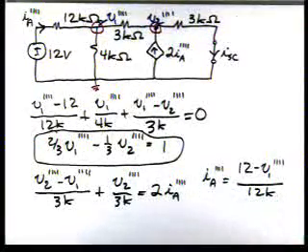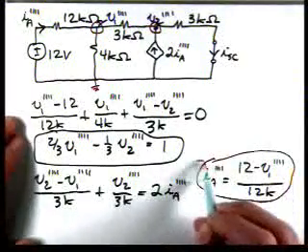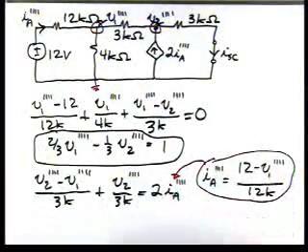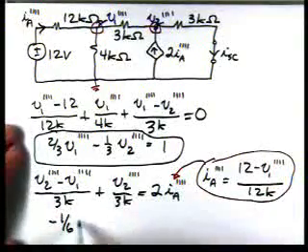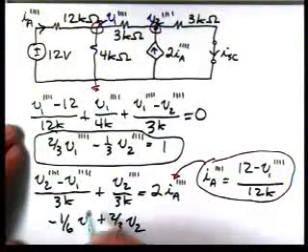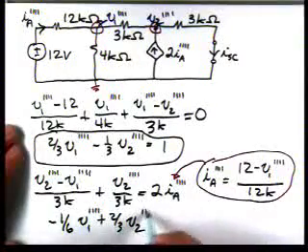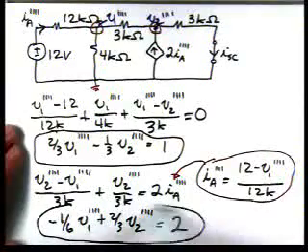So now we would take this, substitute in here, and our equation becomes minus 1/6 V1 plus 2/3 V2 equal to 2. So here's our second equation.